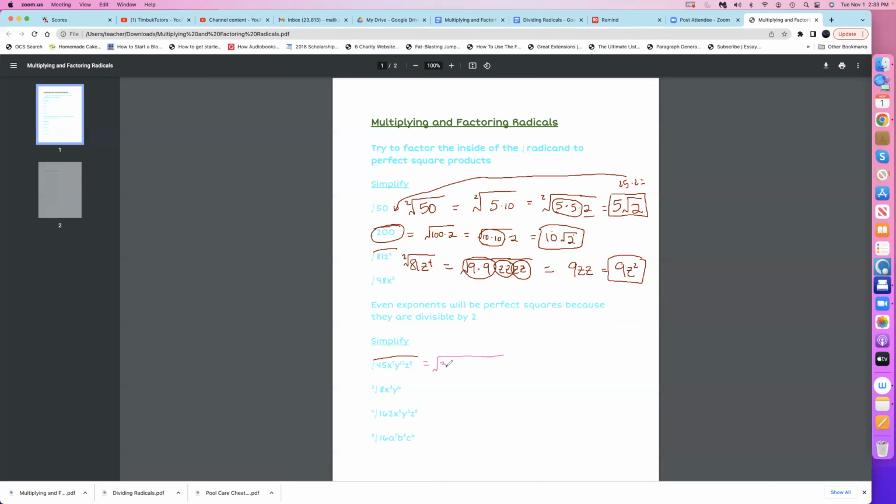And 9 is 3 times 3 times 5. 7 x's. 12 y's. And 5 z's.